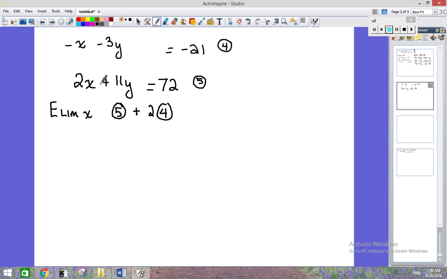Because I have a positive 2x here, and when I multiply this equation by 2, I'll have a negative 2x, and positive 2x and negative 2x will cancel. So I have my equation 5 and 2 times equation 4, and don't forget to multiply every term by 2. Every term gets multiplied by 2.